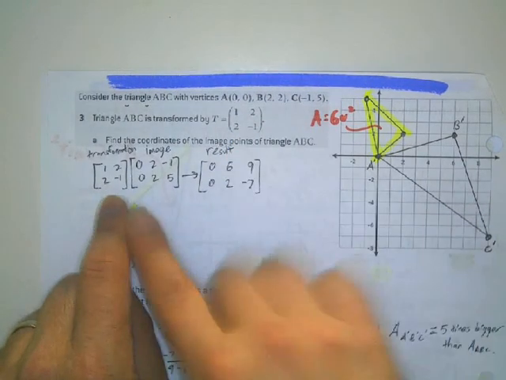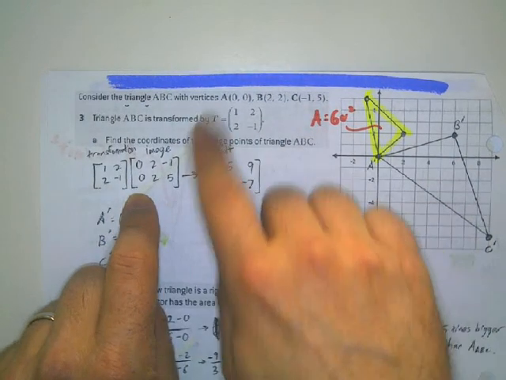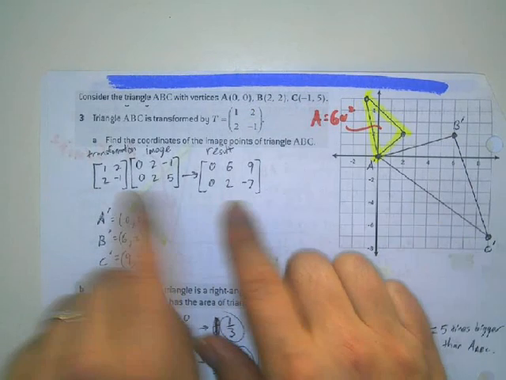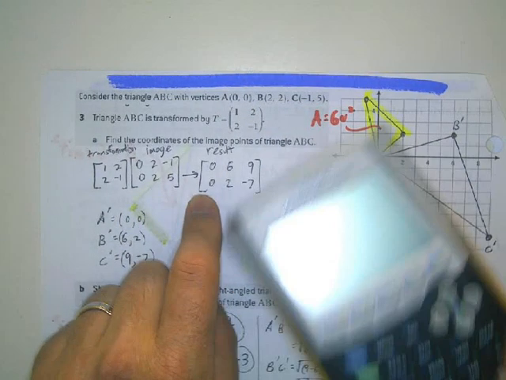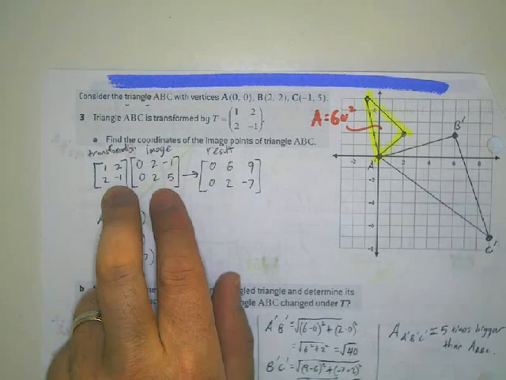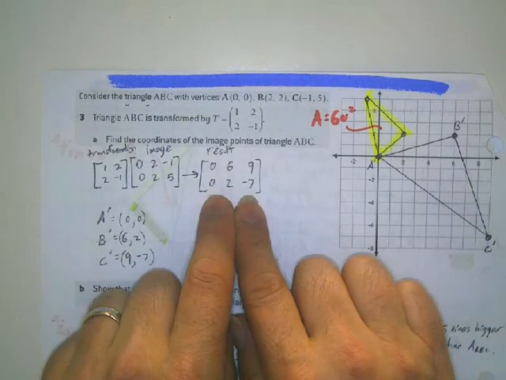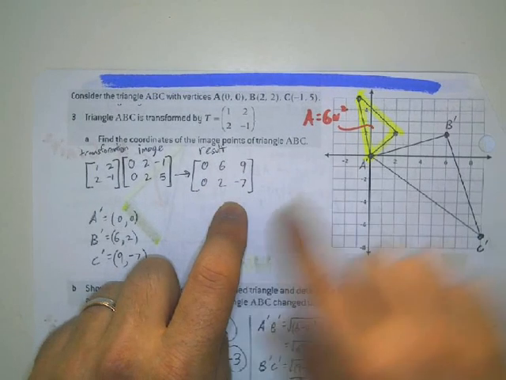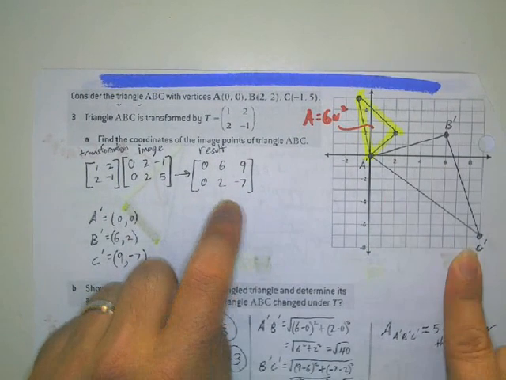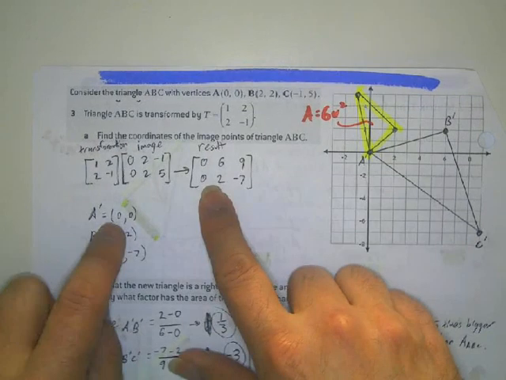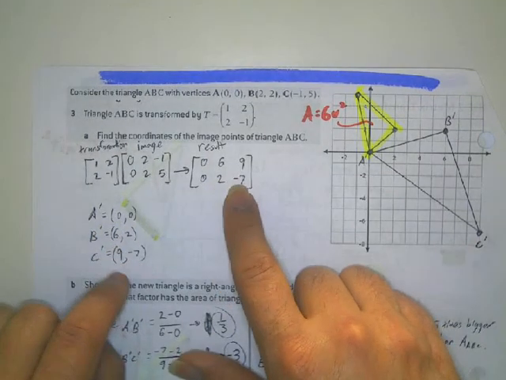My image is 0, 0, 2, 2, negative 1, 5. Okay, and if I use my calculator and multiply these matrices together, I get 0, 0, 6, 2, 9, negative 7. And if I plot them, they go like this. Okay, so my new coordinates are 0, 0, 6, 2, 9, negative 7.